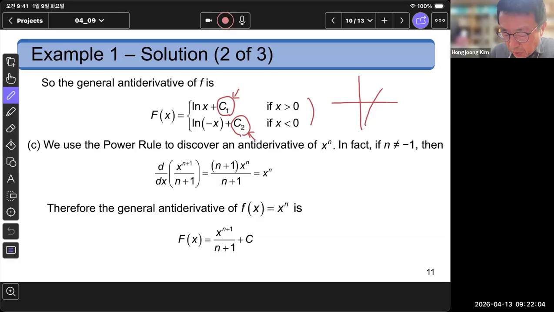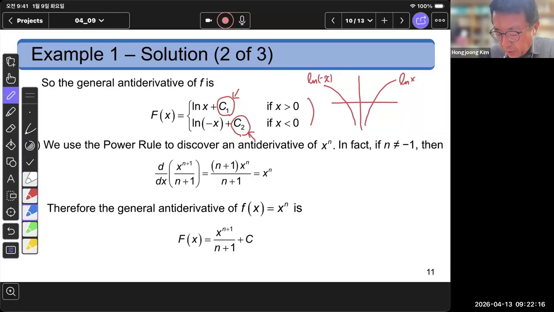Given log x and log of negative x, if I add a certain constant, and possibly different constants, then this is still an antiderivative of 1 over x, right?